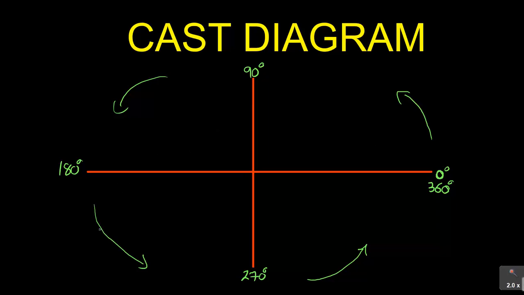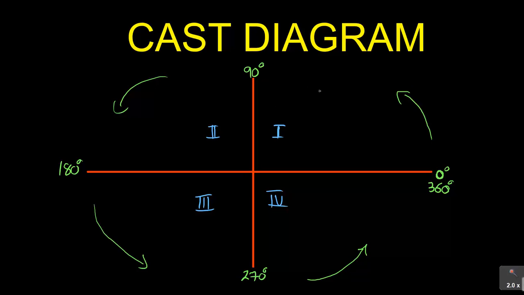Now the first part is which quadrant is which. We have the first quadrant being here, and then we have the second quadrant, and we have the third quadrant, and we have the fourth quadrant. So this is the first thing that you need to know. And as I said, it is called the CAST diagram, but I prefer to use the words All Students Take Chemistry.